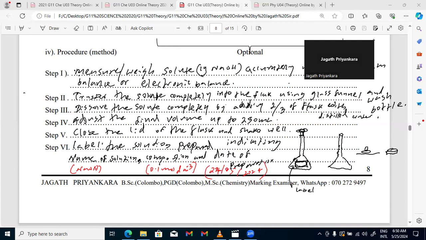One more thing. The NaOH solution prepared, is it homogeneous or heterogeneous? Can you tell me? Sodium hydroxide is an ionic compound. Write it, students, here: NaOH is an ionic compound, and completely soluble in water.